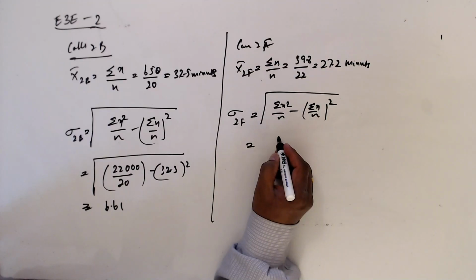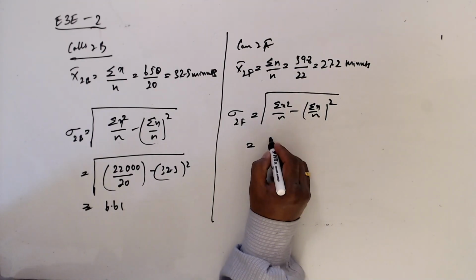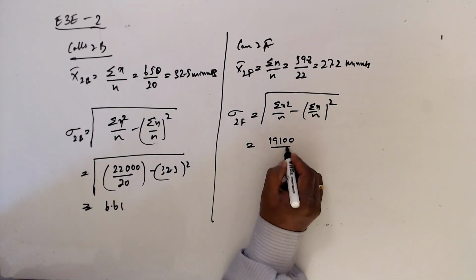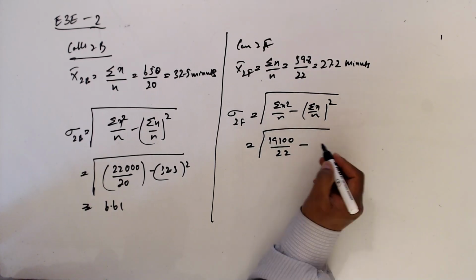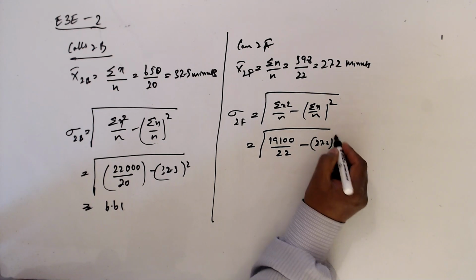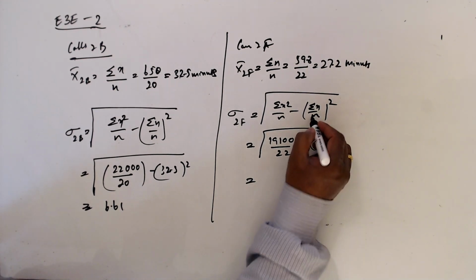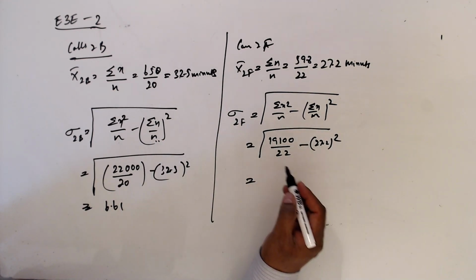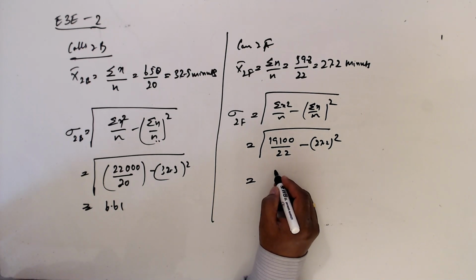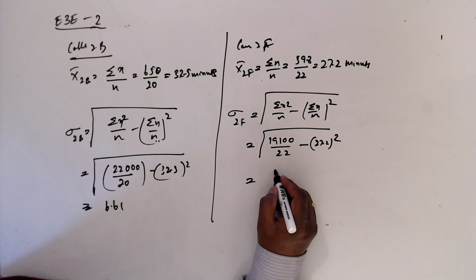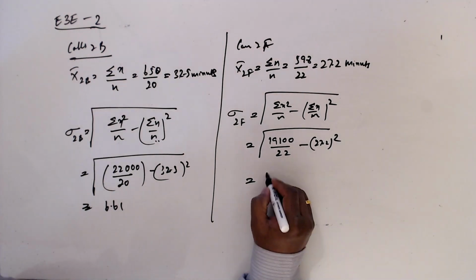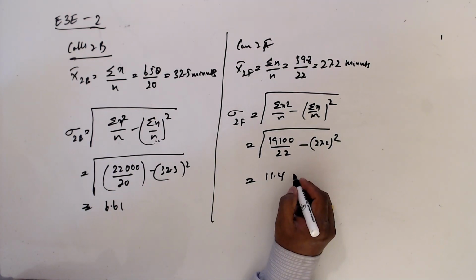Then this is 19,100 divided by 22 minus 27.2 squared. So this is x bar basically. The answer should be around 11.4.